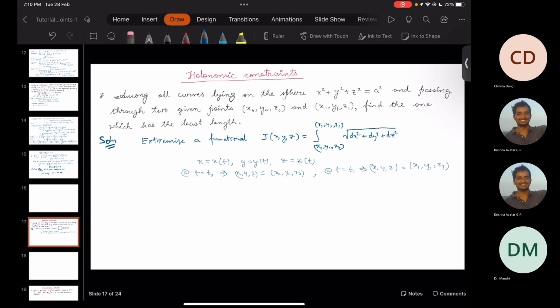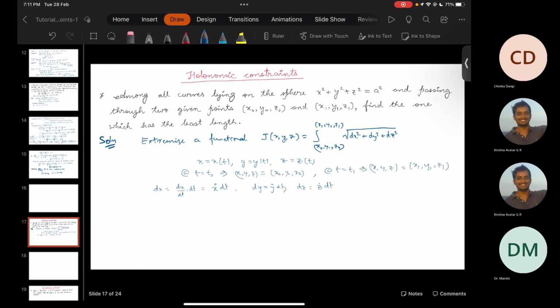And what we can do is, dx is nothing but dx by dt into dt, and this is nothing but x dot dt. Similarly, dy is equal to y dot dt, and dz is equal to z dot dt. Fine.